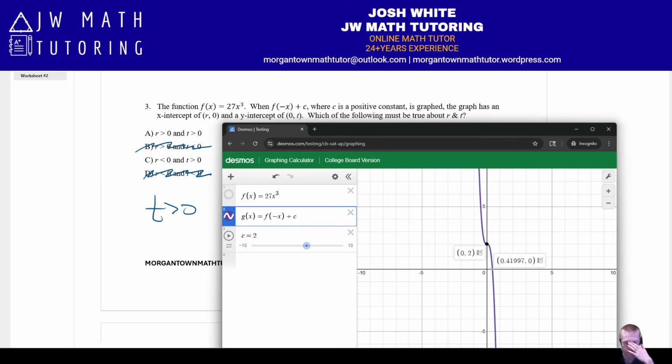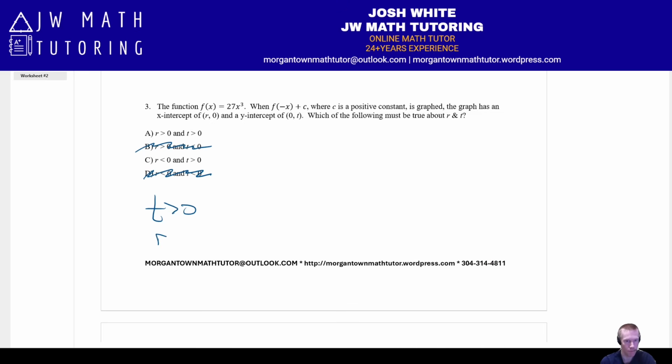Well, if you only did the shift, if you didn't do the reflection, then the x-intercept would be over here in the negatives, but because of the reflection, it flips over to the positive. So r must be greater than 0.